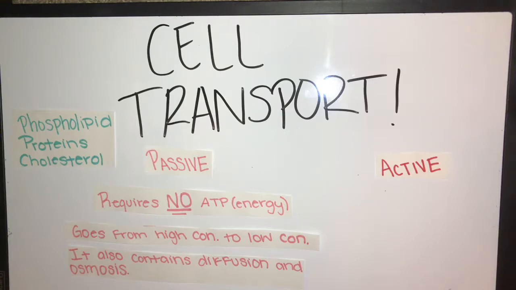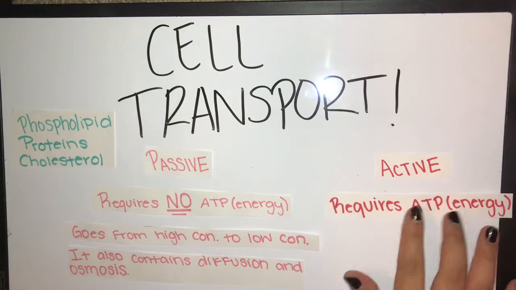Imagine it like a car. You're up on a hill, and when you're going to go down the hill, you don't need to put on the gas pedal, right? So you don't need any energy. It's like when you're running down the hill. You don't need any energy. But with active, you need energy.